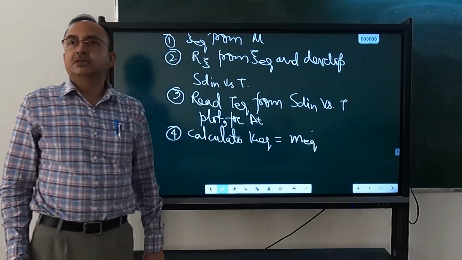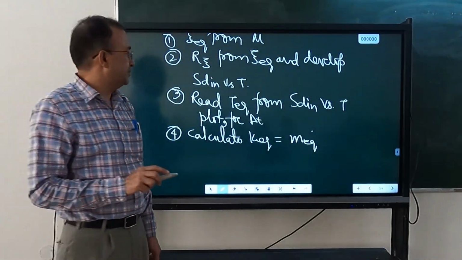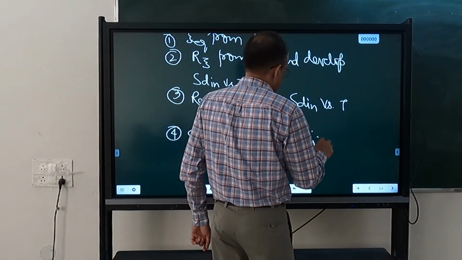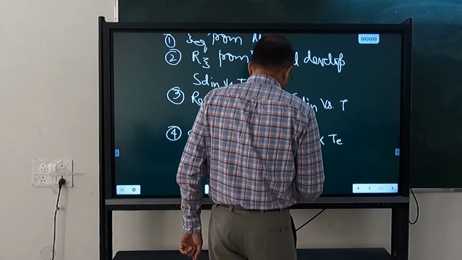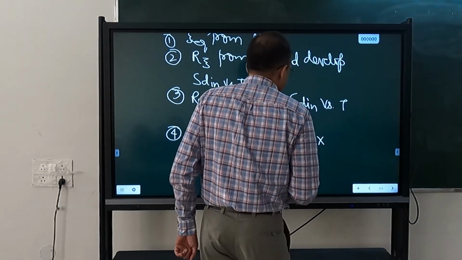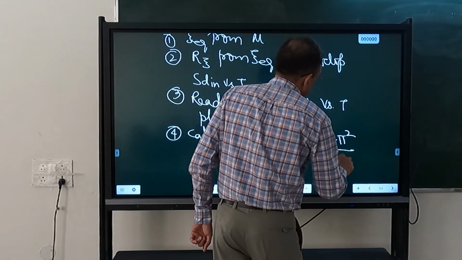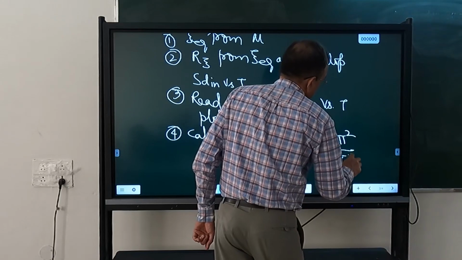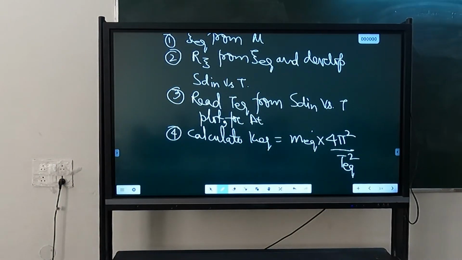What is M equivalent? Mass of equivalent single degree freedom system into omega square, that is 4 pi square by T equivalent. Please correct in the previous slide.